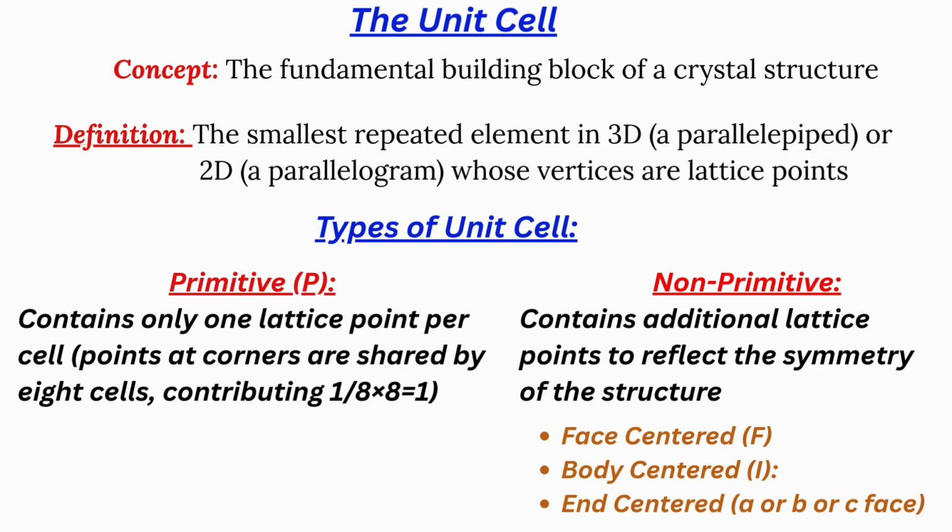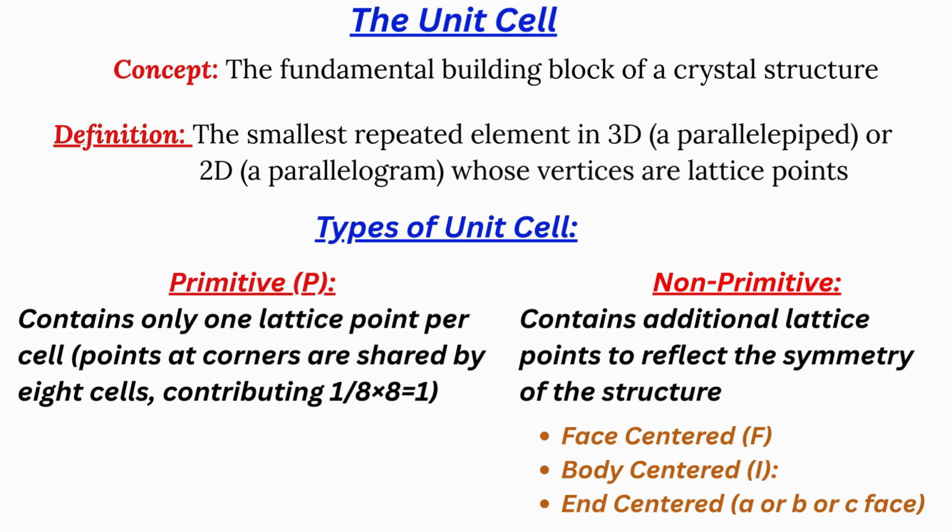These unit cells have two different types: one is primitive, another is non-primitive. The primitive contains only one lattice point per unit cell, placed at the corners of the unit cell. The non-primitive has, in addition to the corner points as in the primitive, an additional point present in the unit cell.